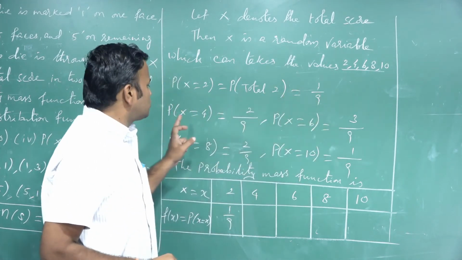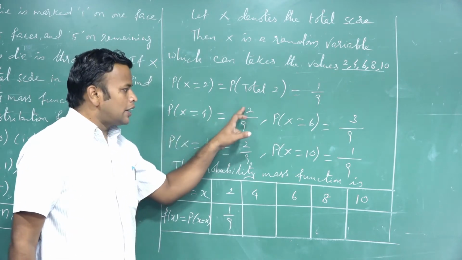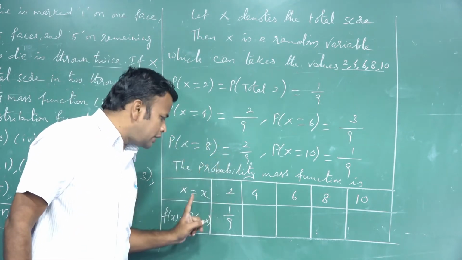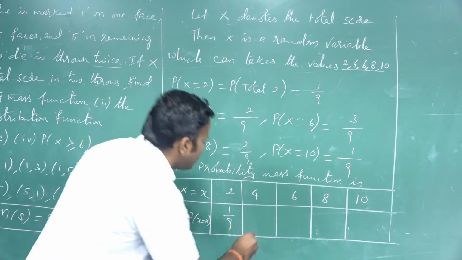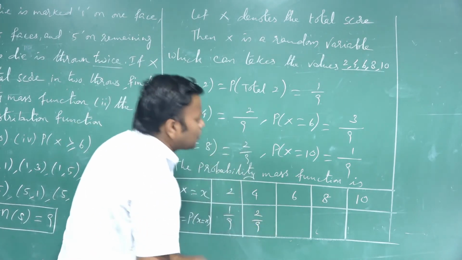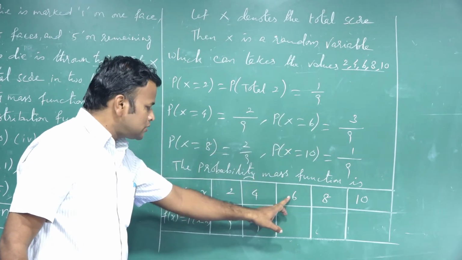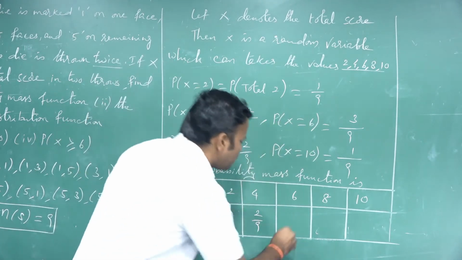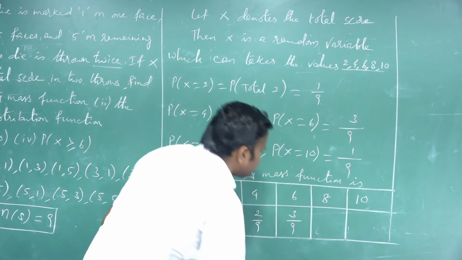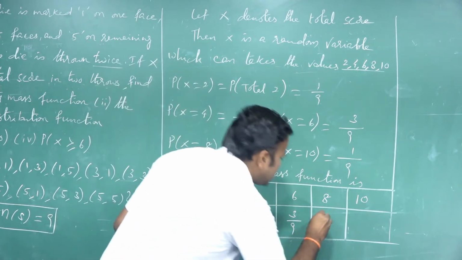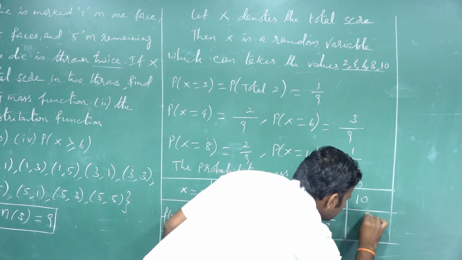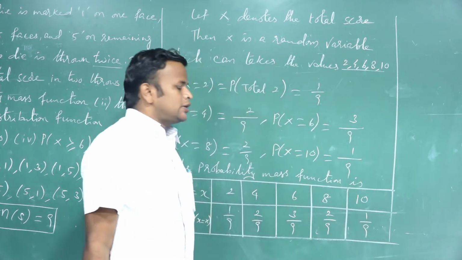When x is 4, the probability value is 2 by 9. When x is 6, the probability value is 3 by 9. Next again 2 by 9. The last value is 1 by 9.